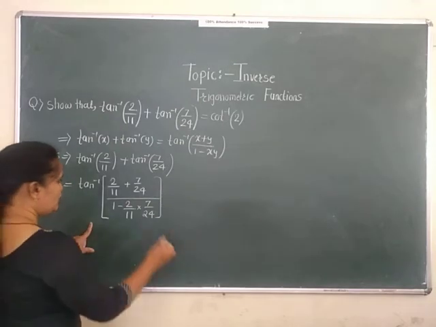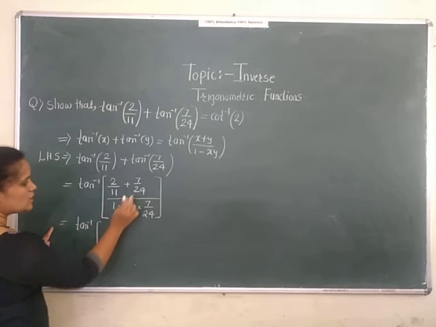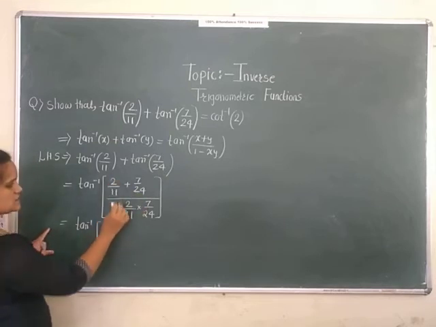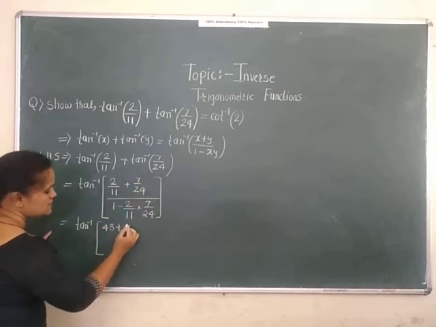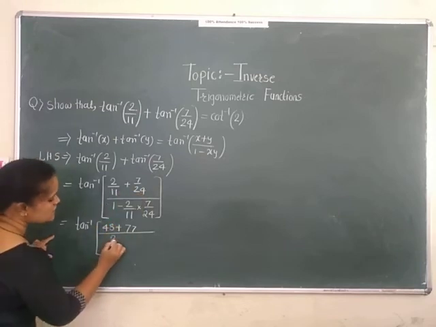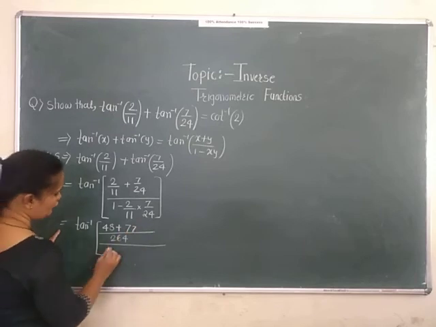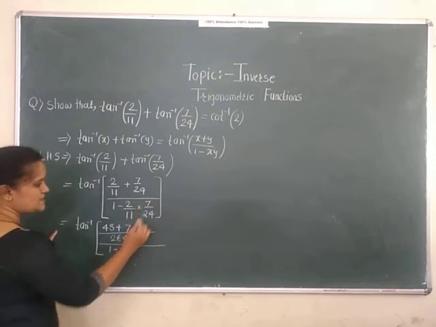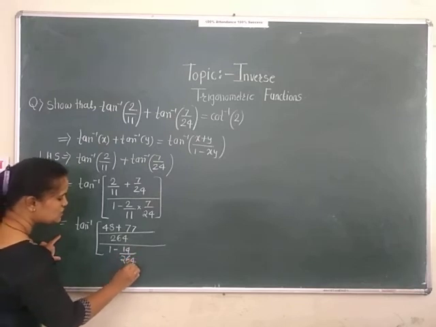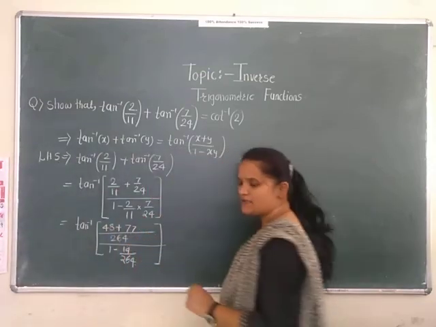Okay. Now further we know how to calculate this type of fractions. Cross multiply here: 2 into 24 gives you 48 plus 11 into 7 is 77, divided by its multiplication 264. In the denominator, 1 minus 2 into 7 gives you 14 divided by 264. Bracket close here.